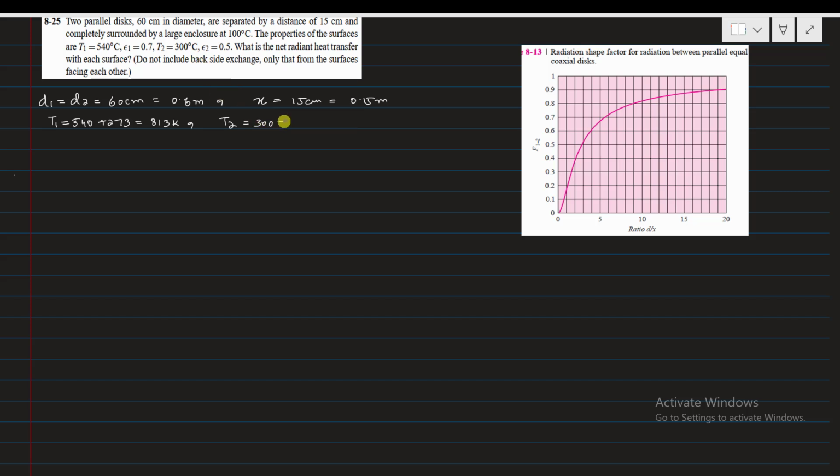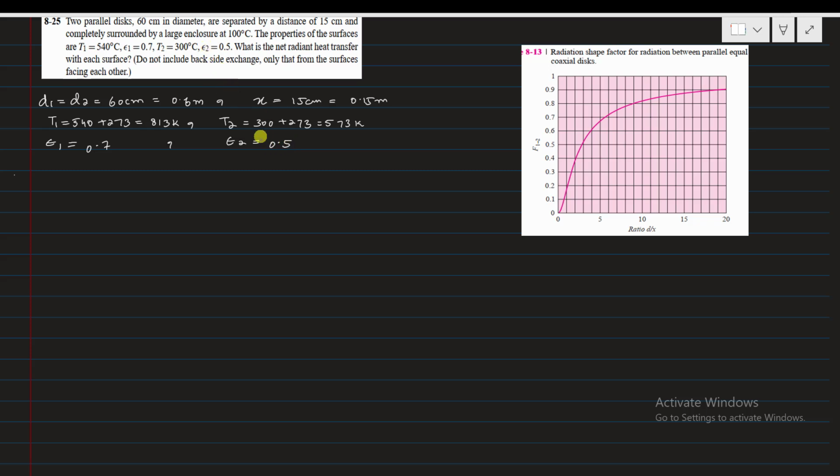Just add 273 to it to convert into Kelvin, and you will get 513.73 Kelvin. So the emissivity of plate 1 is 0.7, and the emissivity of plate 2 is 0.5.